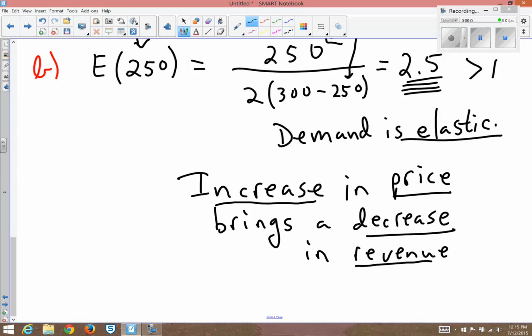If the demand were inelastic, that would mean an increase in price would bring an increase in the revenue.